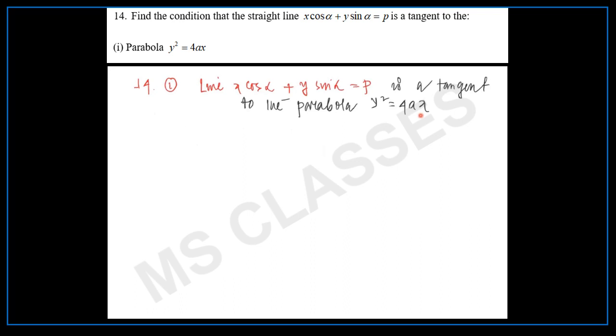Now we take the equation of the parabola as equation 1. Now since it is a tangent, at first we draw the parabola.